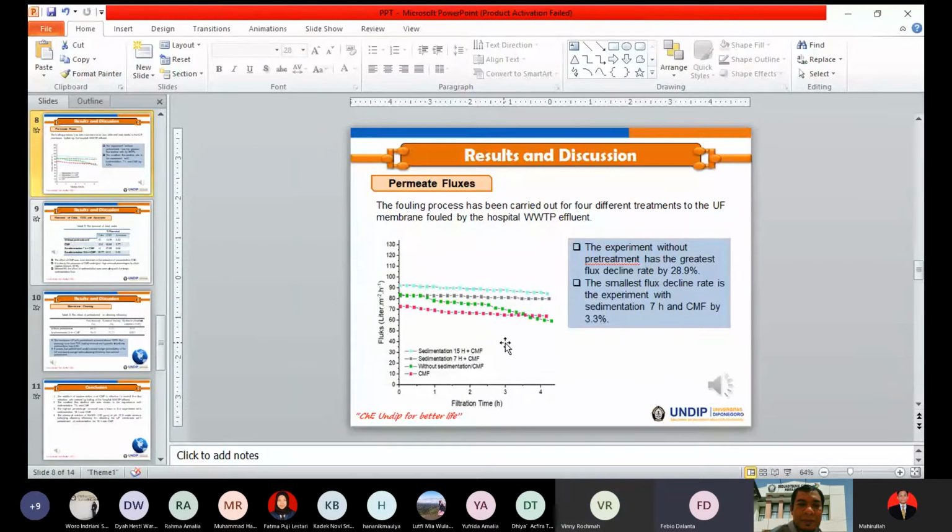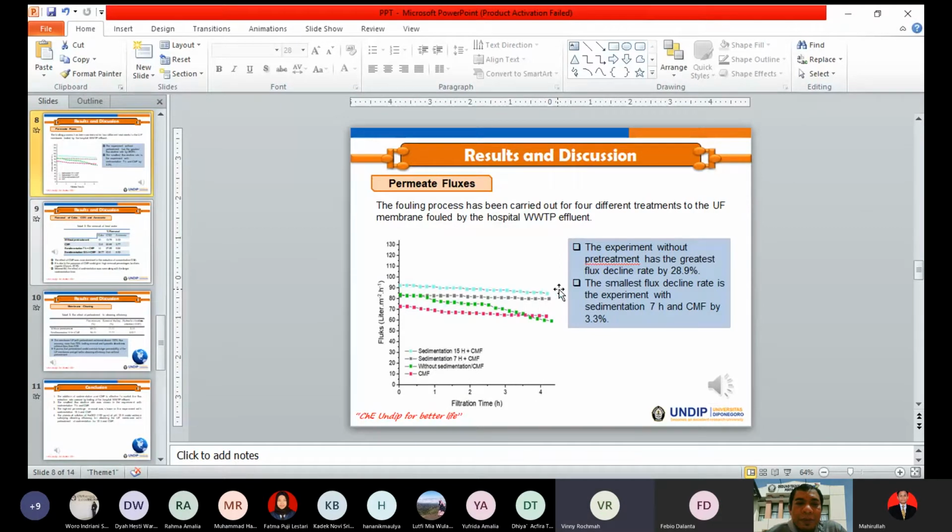So the reduction of the flux performance in 15 hours is lower, as you can see in this graph. You can see that at 7 hours, the graph is almost horizontal. So the decline is smaller than the sample with 15 hours sedimentation.